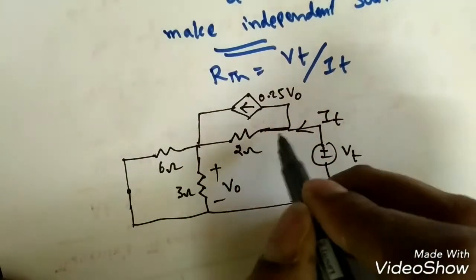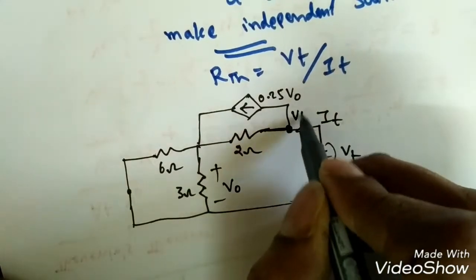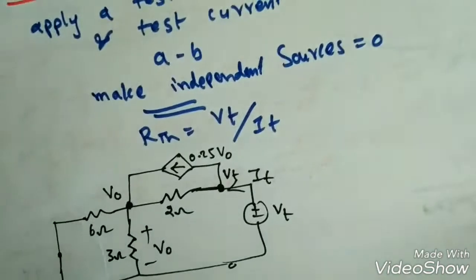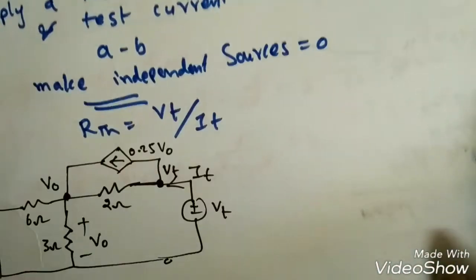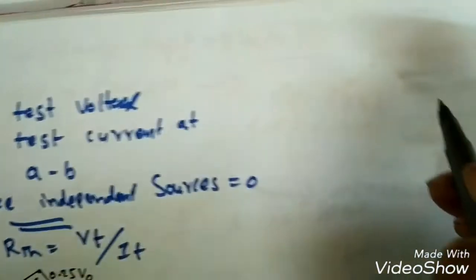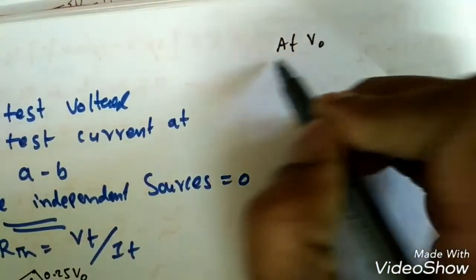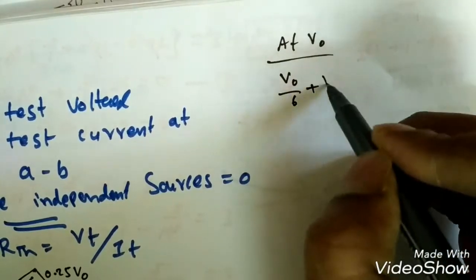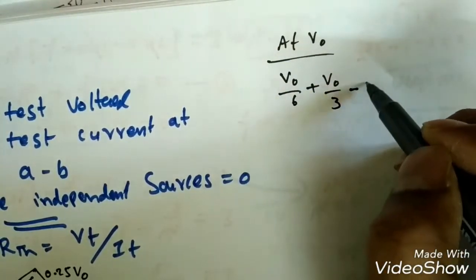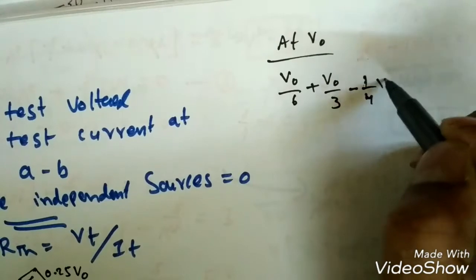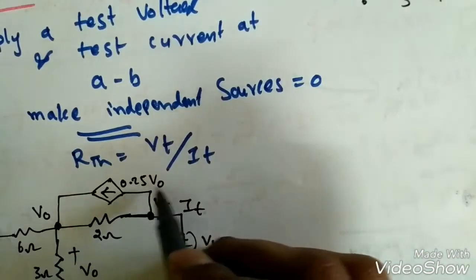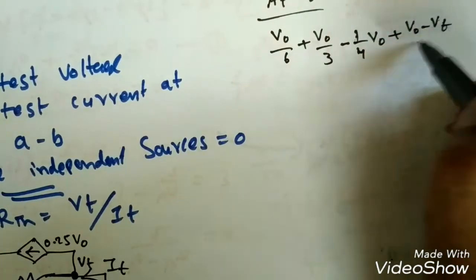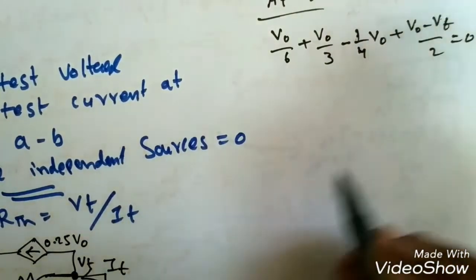So simple again. This is node voltage Vt. This is the node voltage V0. Now we'll apply nodal equations. So at V0, it's simple: V0 by 6 plus V0 by 3 minus 1 by 4 V0, I'm writing directly 0.25 as 1 by 4, plus (V0 minus Vt) by 2 equal to 0, right?